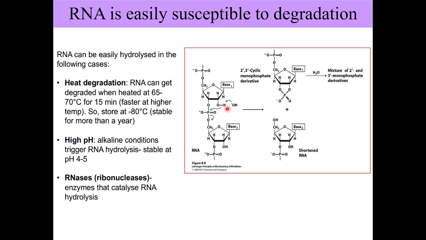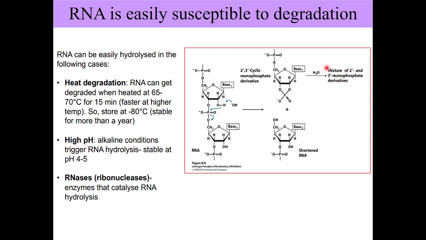Because of this nucleophilic attack, this oxygen makes a bond with this phosphate, and that is why this bond is opened. The bond with the next nucleotide is opened, and therefore the RNA gets cleaved, right? And again, in presence of water, a mixture of 2' and 3' monophosphate derivatives is formed.